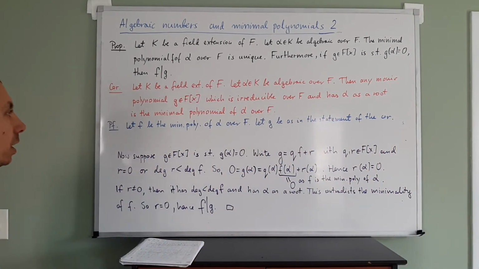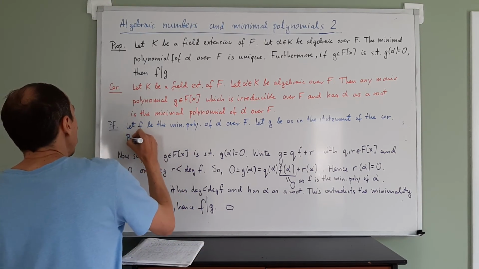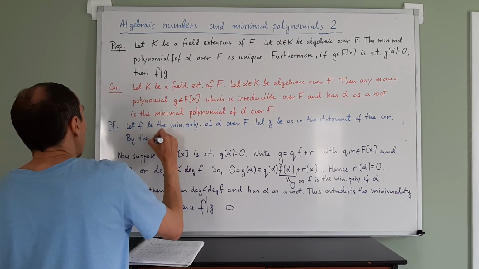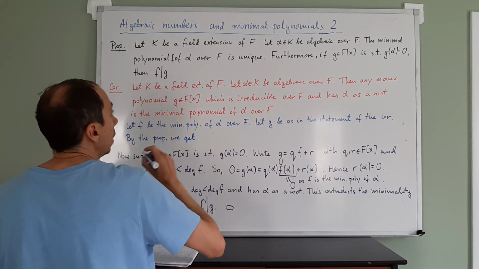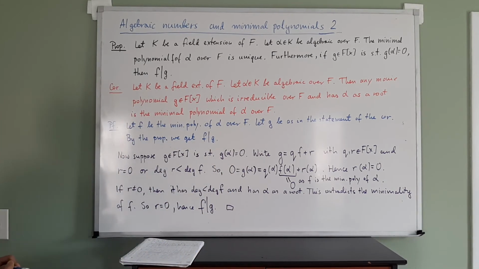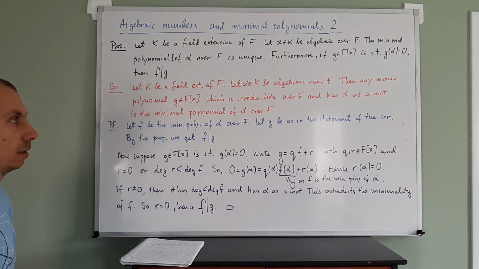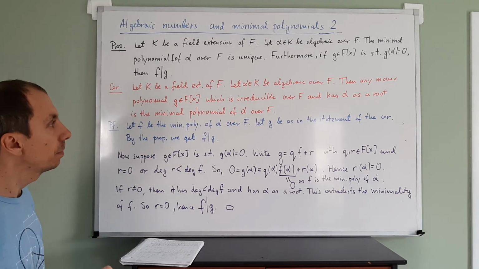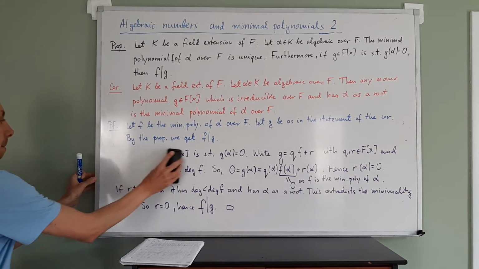So it is a monic irreducible polynomial that has alpha as a root. So by the proposition, we get that f divides g. Correct? What does the proposition tell us in the second part? That if I have a polynomial, doesn't even have to be monic, but a polynomial that has alpha as a root, then I have that f divides g.